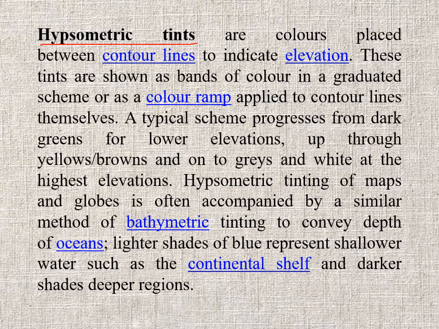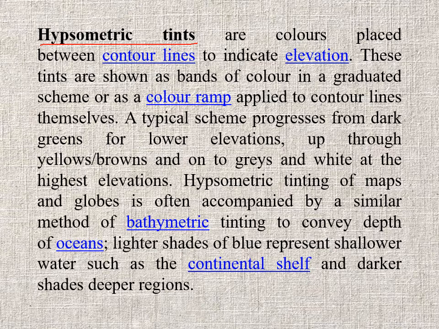Now, there are some definite color schemes. For bathymetric tinting, that is to convey the depth of ocean, shades of blue are used. Lighter shades of blue are used for shallower levels, and darker shades of blue are used for deeper levels. Similarly, for continental landmass, to define the height over the mean sea level, colors are used from yellow to brown to gray, ultimately white.